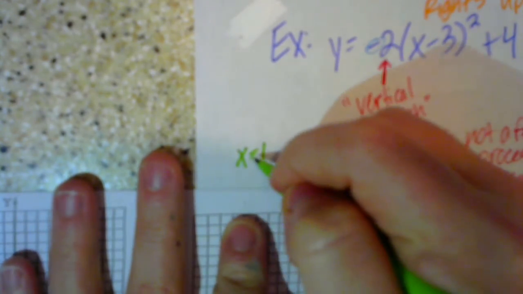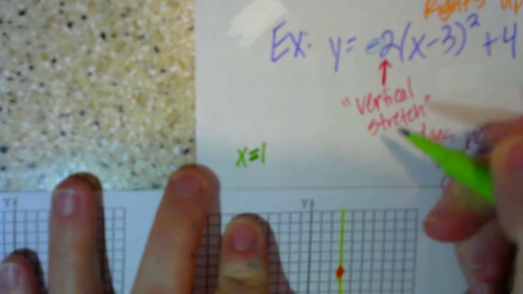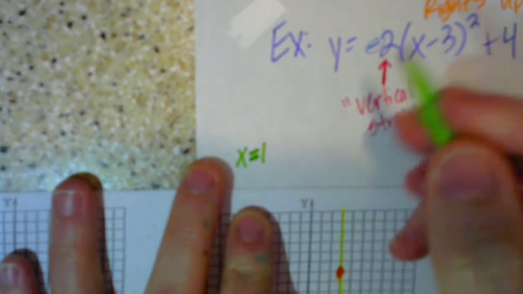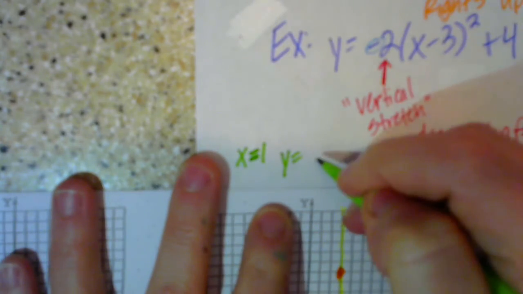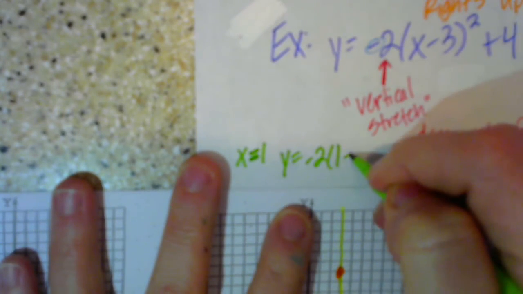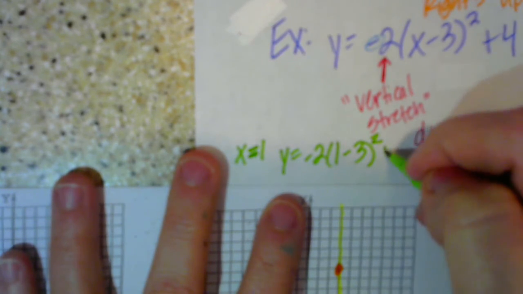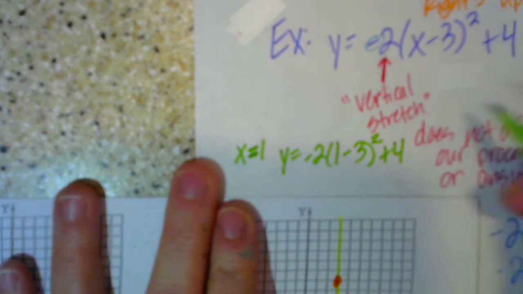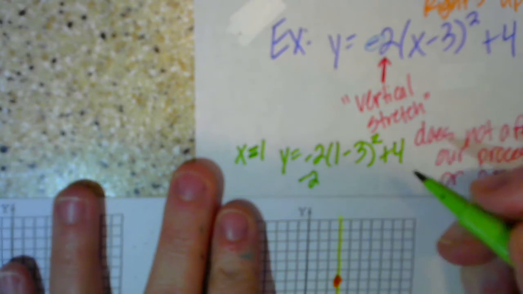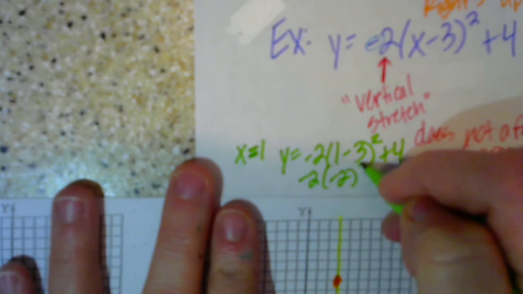So I'm going to use x equals 1. And let's see, y is equal to -2 times (1 minus 3) squared plus 4. So that's going to give me -2 times (-2) squared plus 4.